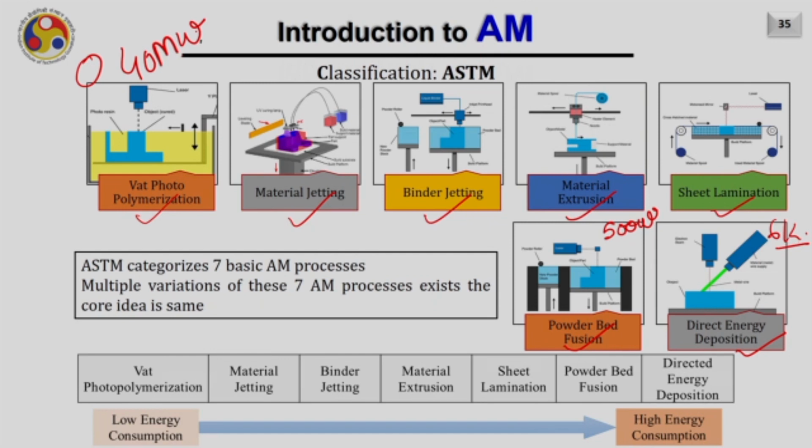So, you can see that from wet photopolymerization to directed energy deposition, they are aligned as per their energy consumption. Least energy is consumed usually for wet photopolymerization, while high energy is consumed for directed energy deposition. However, the classification given by ASTM covers all the additive manufacturing processes.